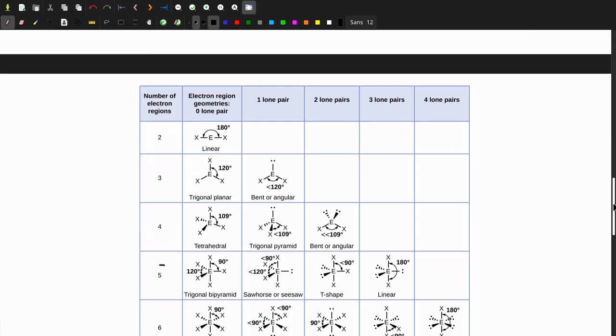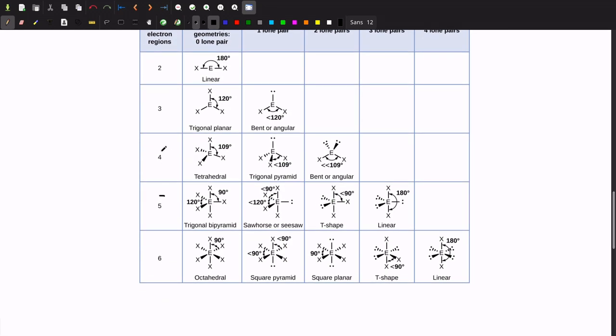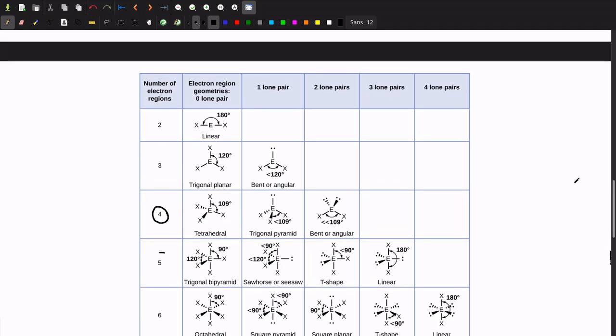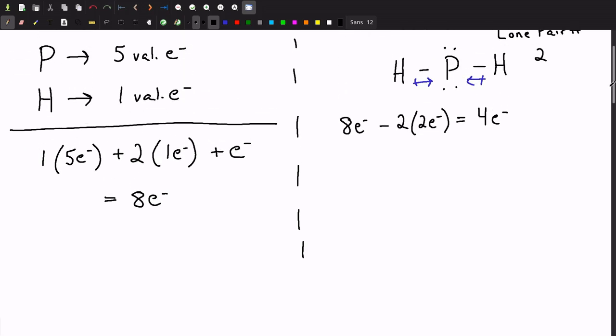We come down to our table here. We're looking at a steric number of 4, and we want to be looking at the column for 2 lone pairs, so we are right here. Bent or angular.